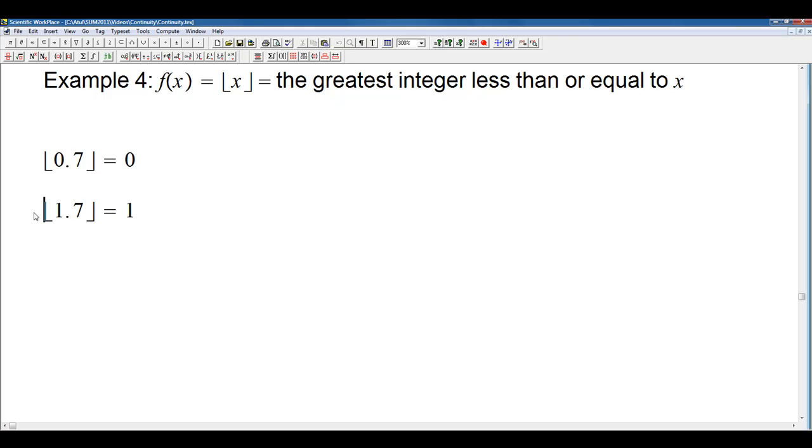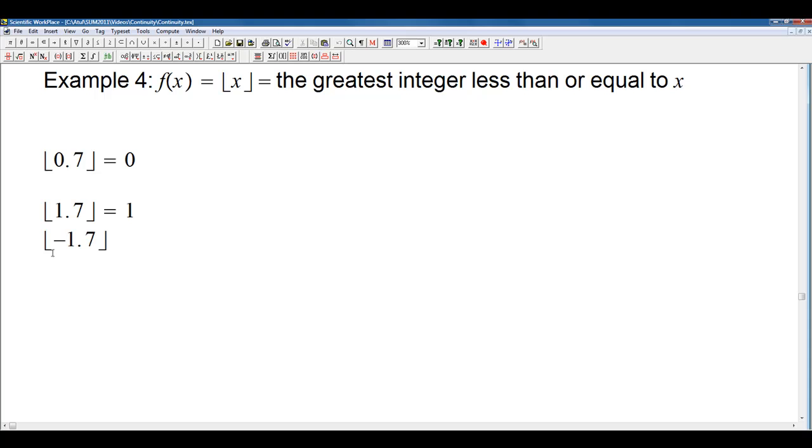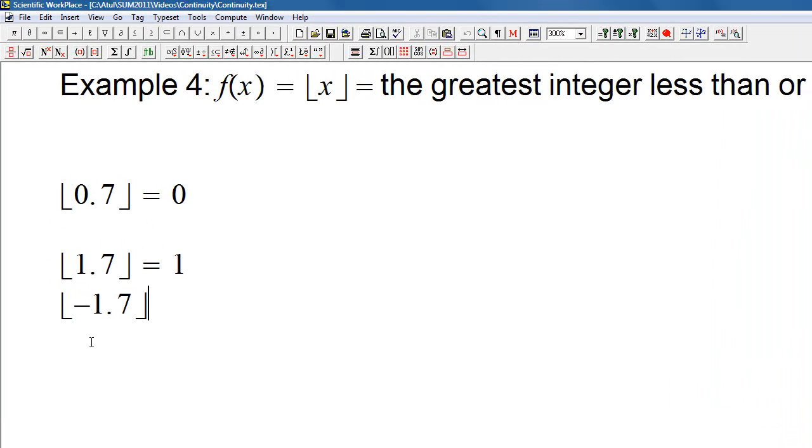And at -1.7, what's the greatest integer less than or equal to -1.7? That number on the left will be -2. And say we look for the value at pi, which is approximately 3.14, so you would expect the value is 3.